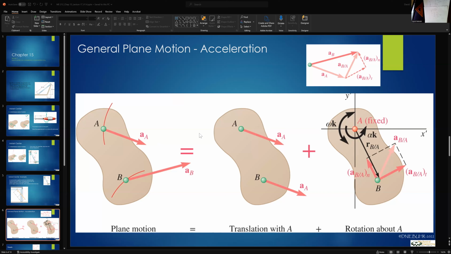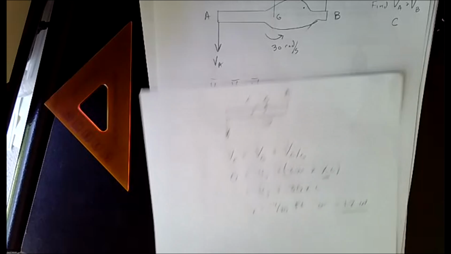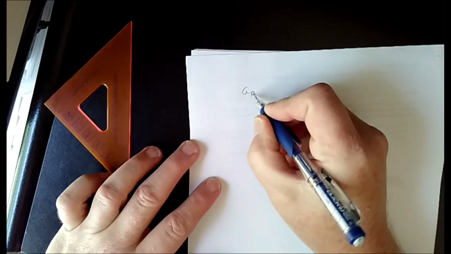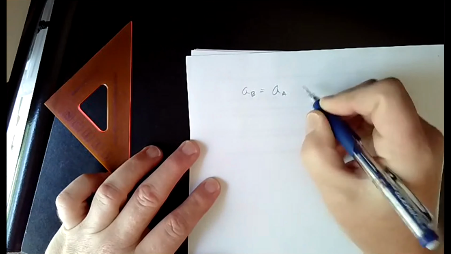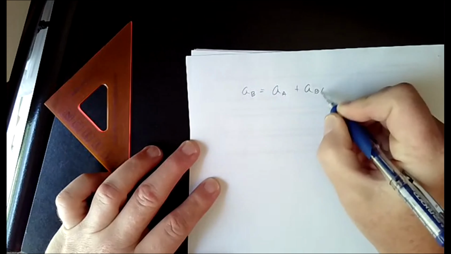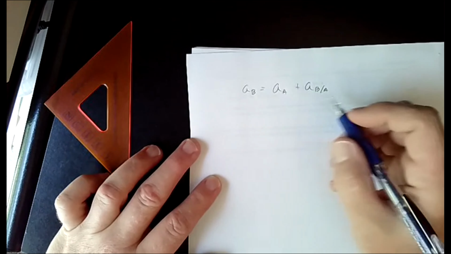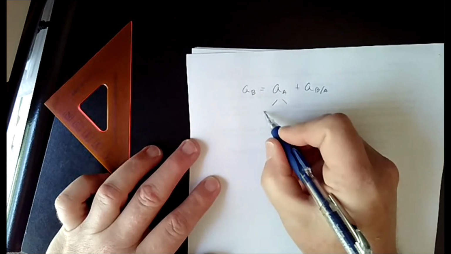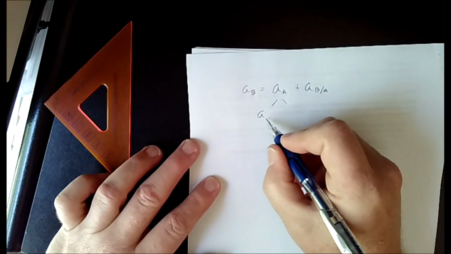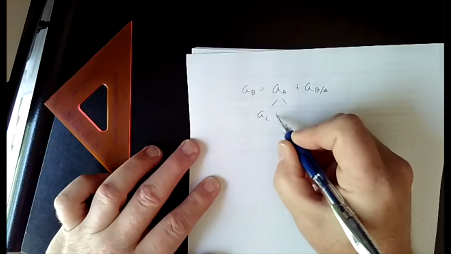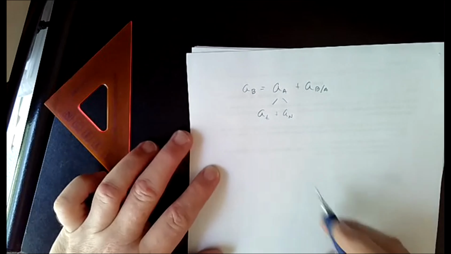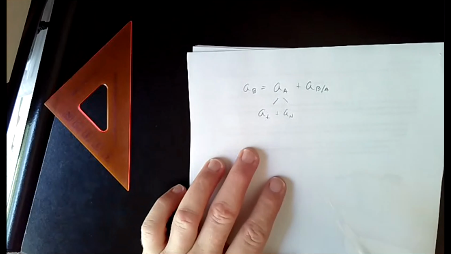So when we write out what we're looking at, if we were to write a_B equals acceleration A plus the acceleration of B relative to A, then in this case this could be broken down into acceleration tangential plus acceleration normal.